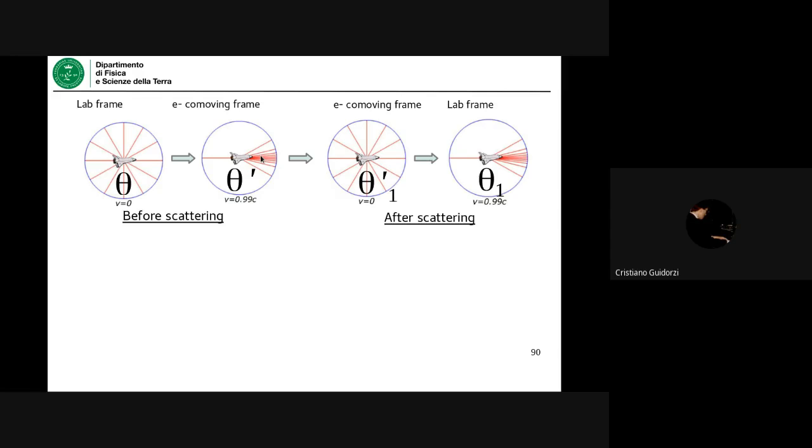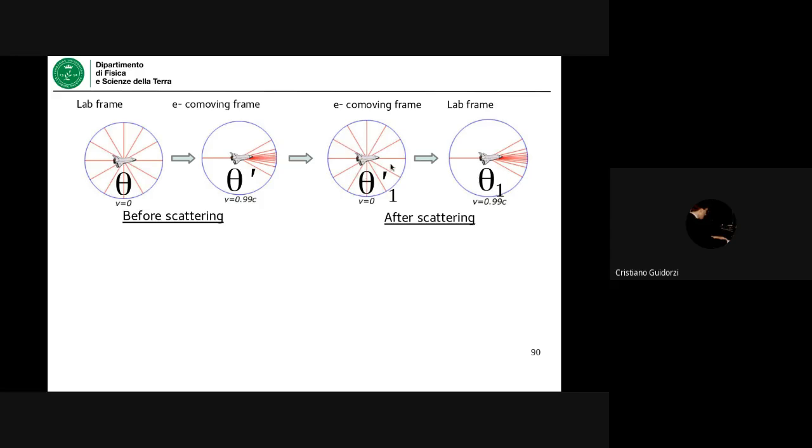Now, the final step: we are interested in what happens in the lab frame, so we have to get back to the lab frame. But now you have to apply, again, aberration of light, using again the Lorentz transformation.